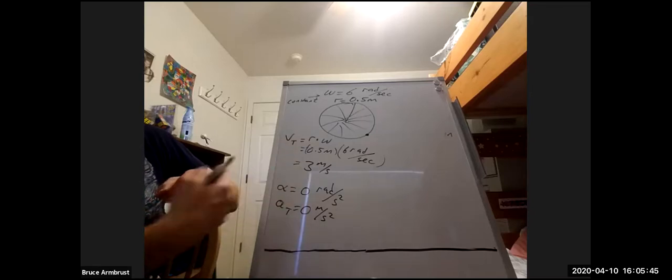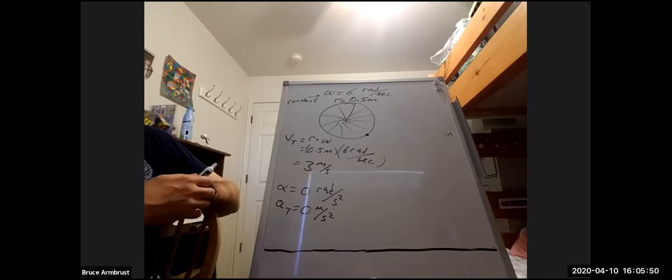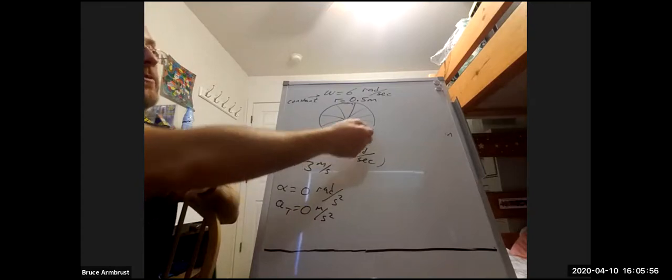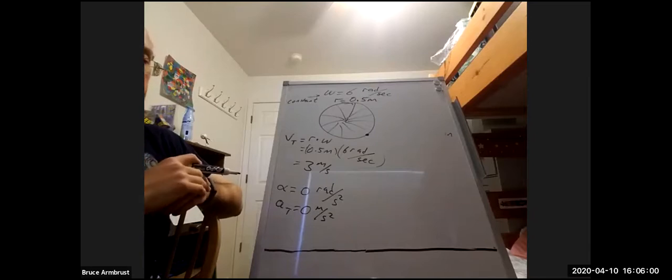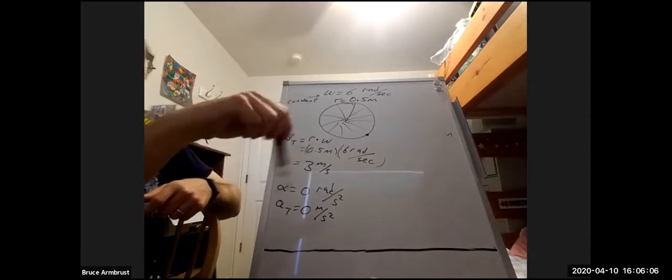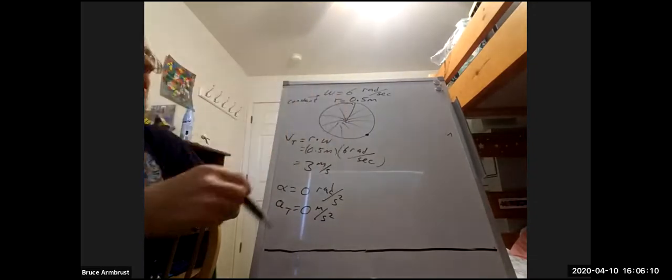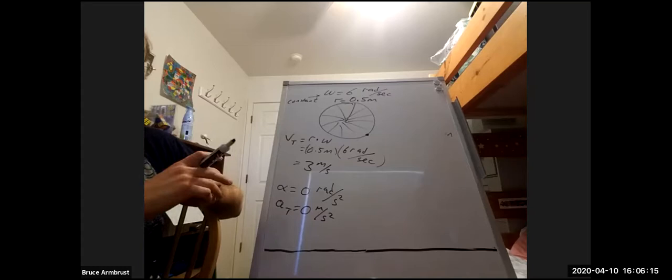So r times 0 is going to give us 0. Remember I told you that tangential acceleration is what changes the speed, which tells us that this particle is always going to be traveling at 3 meters per second, no matter where it is on the circle. And this we kind of get when we have rotation that's going, especially horizontally, if we don't have to worry about gravity. So if we're just going horizontal, that's where we can approximate constant omega a little bit better.